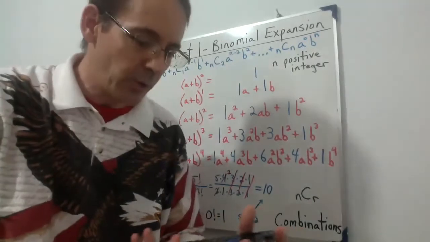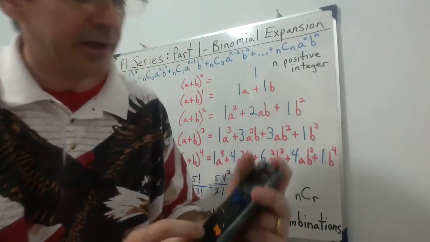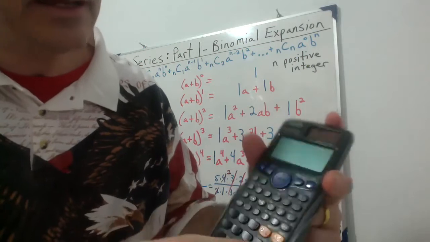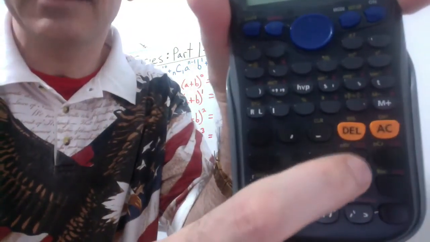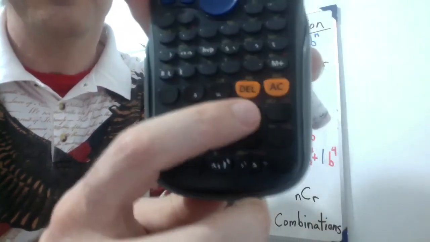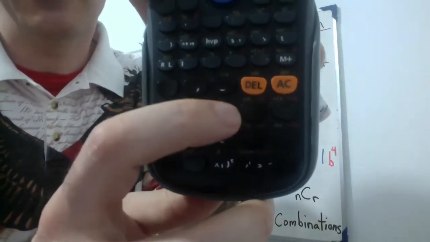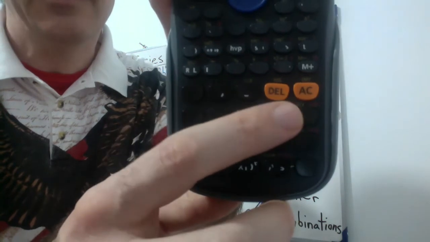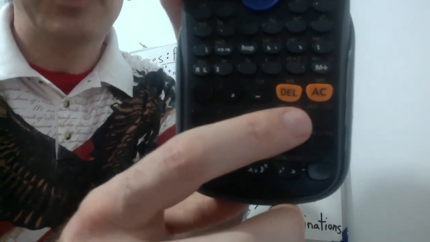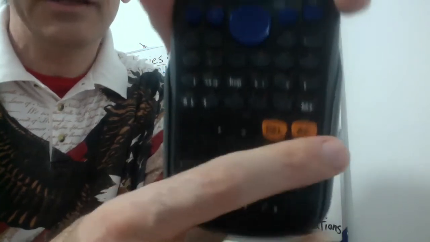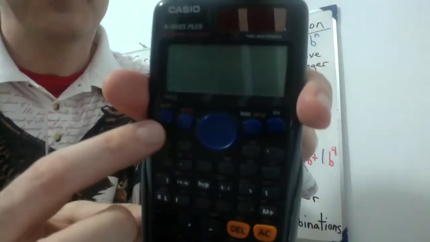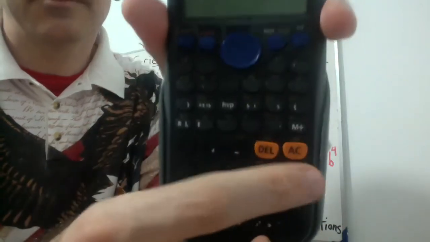So when you're working with your calculator, you're going to see right here under the orange AC key, you see that nCr. See that nCr? And over here you see an nPr. So you're going to want to use that nCr key. It's actually this button under the AC button, and it's the shift, this button here, to get that nCr.